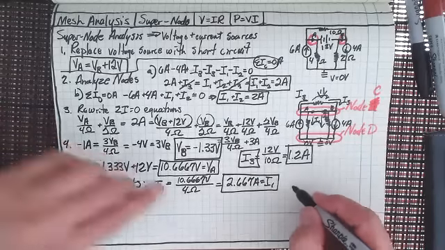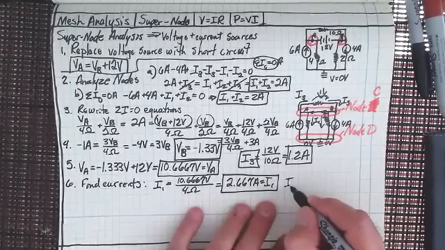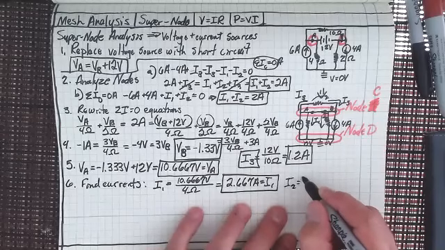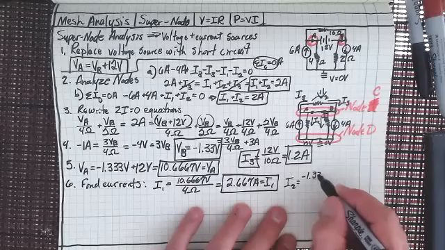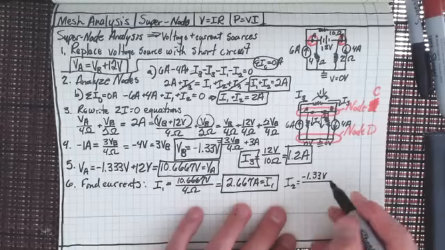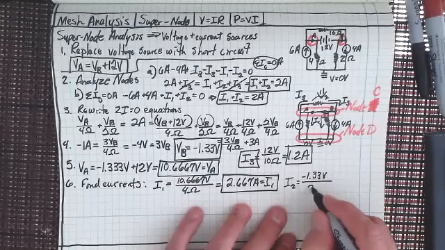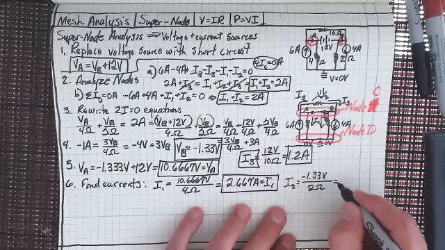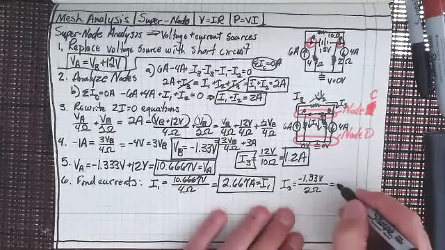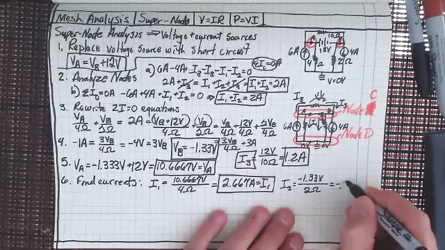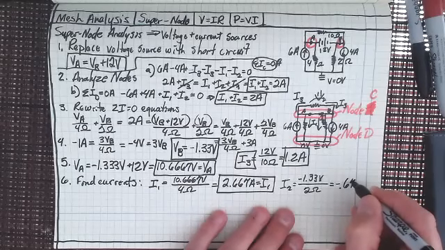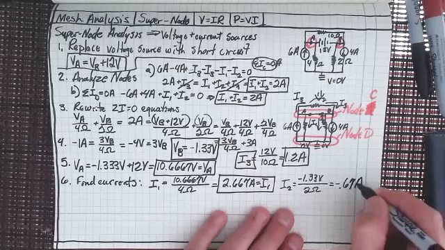And then the other one that we want to do is, of course, I2. So I2 is going to be minus 1.33 volts divided by 2 ohms. So that gives me minus 0.67 amps.